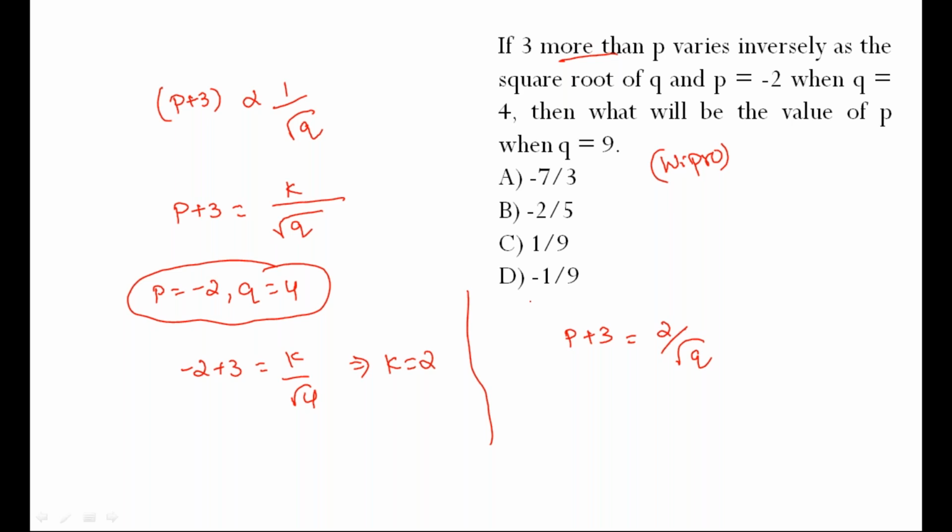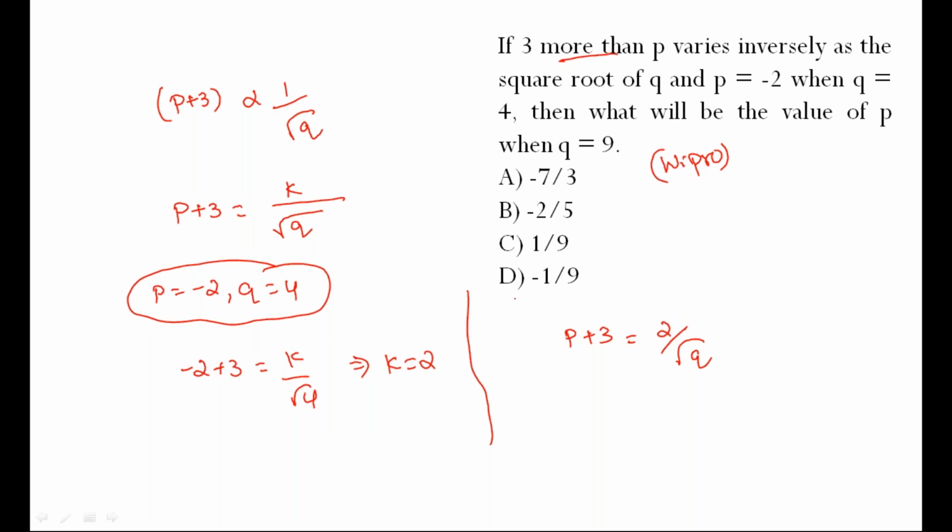We formed an equation: 3 more than P inversely varies as square root of Q. So P plus 3 is K by root Q, and P is minus 2 for Q equal to 4. Then we substituted in that equation and found K is 2.